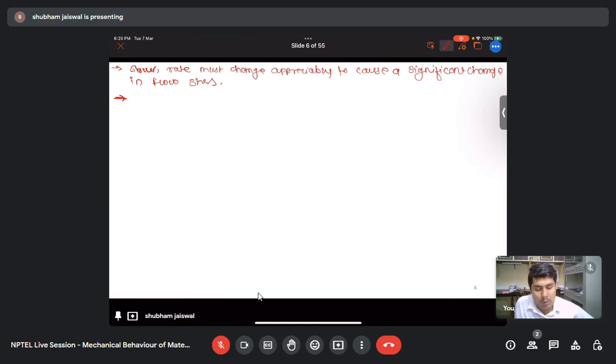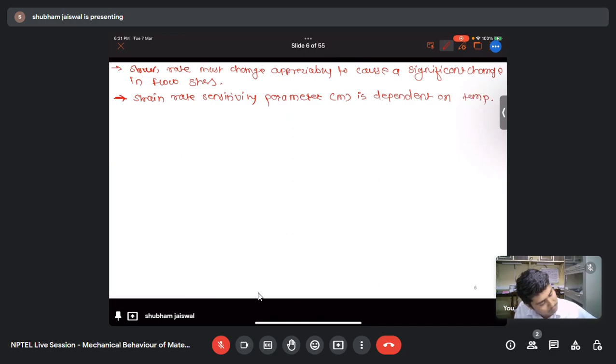So for the operating condition where T is greater than 0.5 Tm, or the homologous temperature is 0.5, then m ranges from 0.1 to 0.5. So these are the things we have seen in the effect of strain rate.